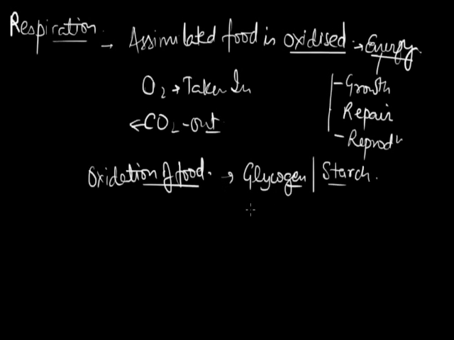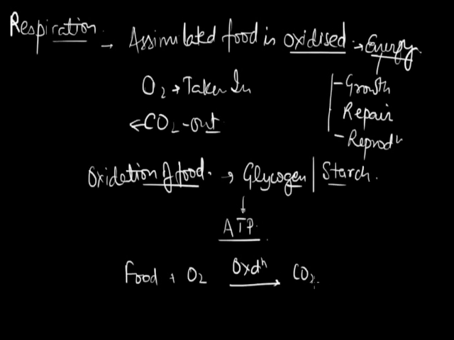The energy is actually in the form of high energy bonds called adenosine triphosphate, short form ATP. These are high energy molecules present inside the cell. In summary, when food is combined with oxygen, it is a process of simple oxidation of food which gives us carbon dioxide, water and energy.